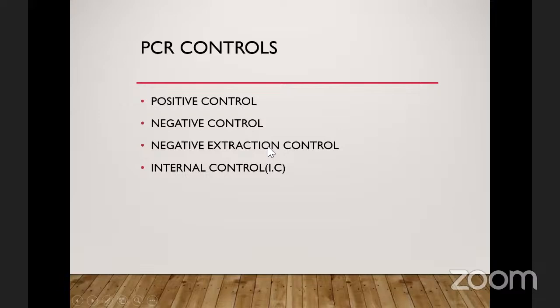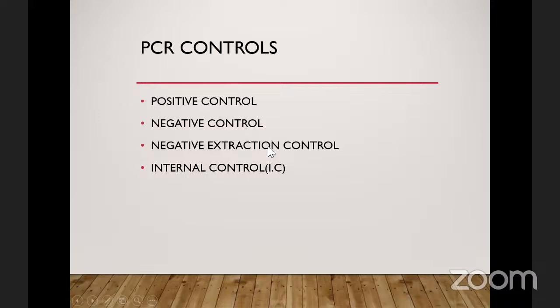I have the extraction process running. We've talked about the different kinds of extraction, the spin column based extraction, the magnetic bead, and then we looked at the automatic extraction procedure.